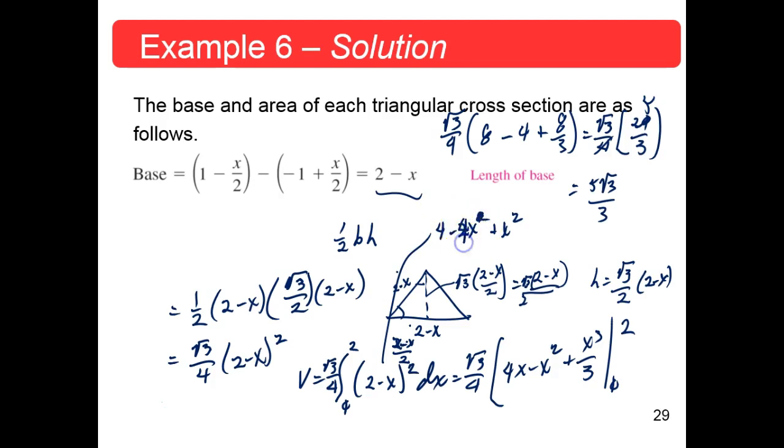That's it. It's 4 minus 4x plus x squared. Sorry. Twice the product of the two. I was going too fast.